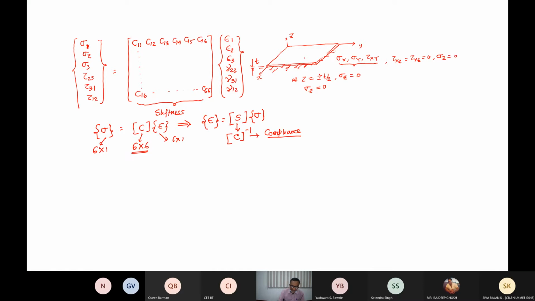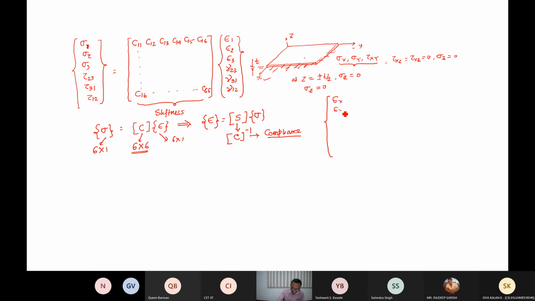Therefore, a lamina could be considered to be a plane two-dimensional problem. And so what we do is we only consider sigma x, sigma y, and tau xy, and the other three components of stresses are not considered.